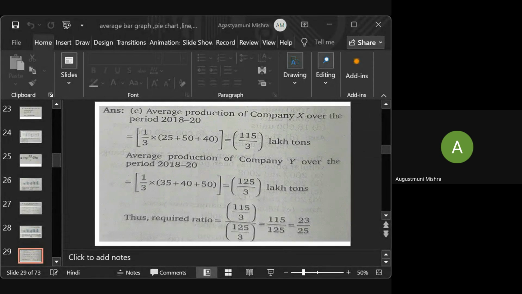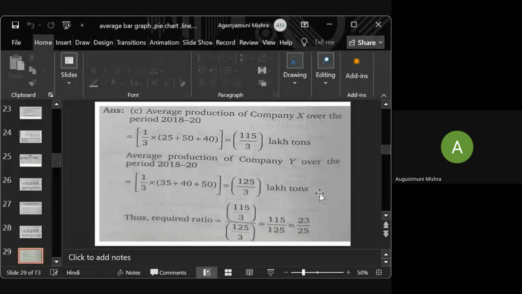Within half minute, I will change it. Okay. So I think that is okay. Now I'm going to change the slide. Your another question is here.